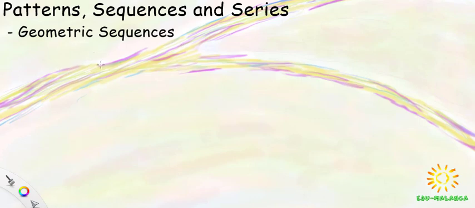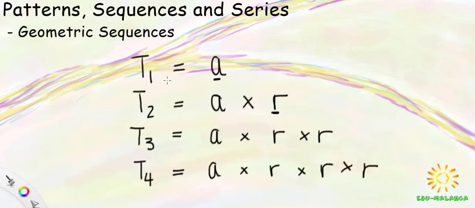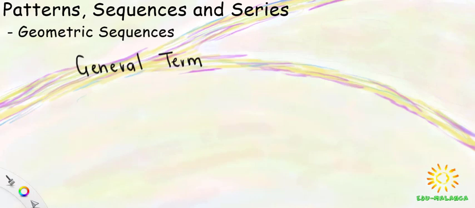So what we use to do that for any kind of pattern, sequence, or series is the general term. The general term of a sequence is used to derive any of the terms that belong in the sequence. So for example, term 1, you can get it from the general term, or term 2, or term 80.